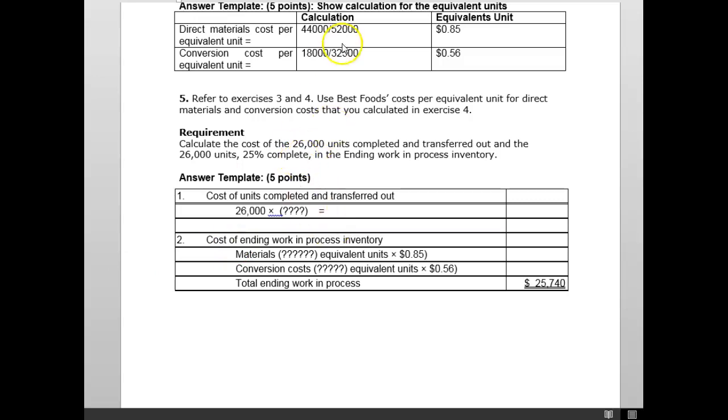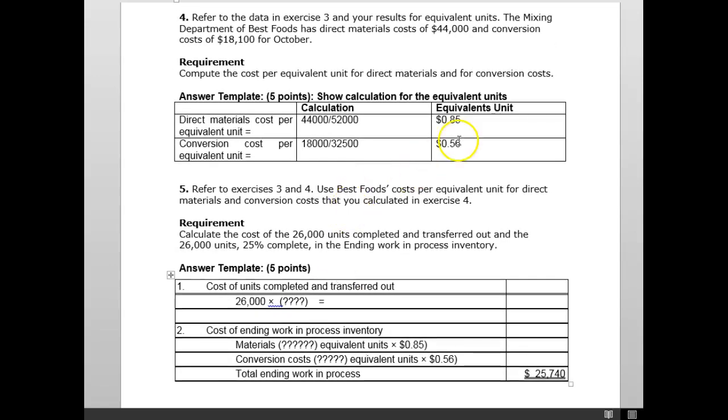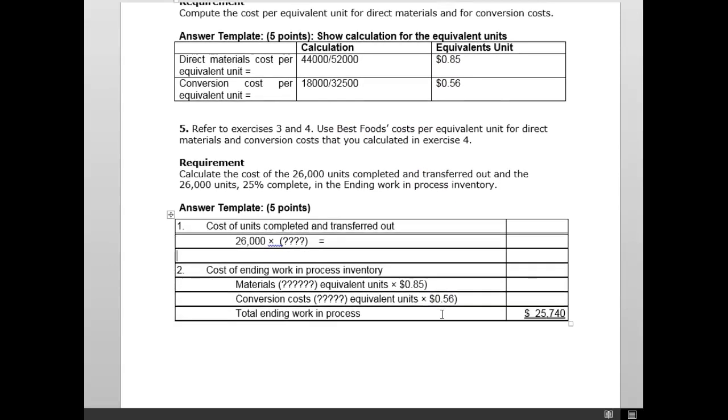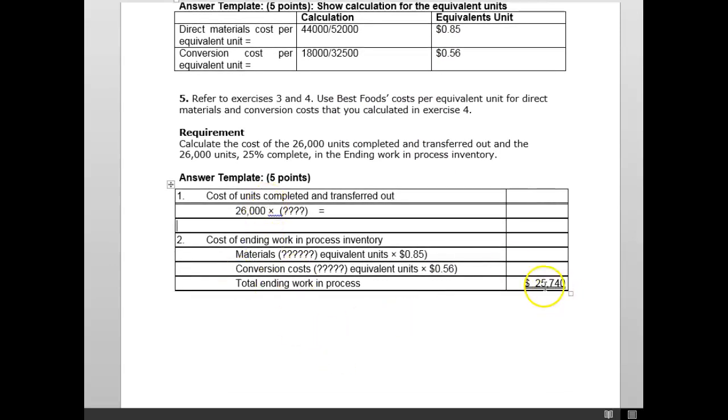Well, if they were totally complete, it would be 85 plus 56 times 26,000. Then you would come down here and multiply the 26,000 times the direct materials, but here you would use the 6,500. So you can see how once you break it down as you do up here, you can actually figure out the costs. And then you should be able to come up with a total cost for the work in process.